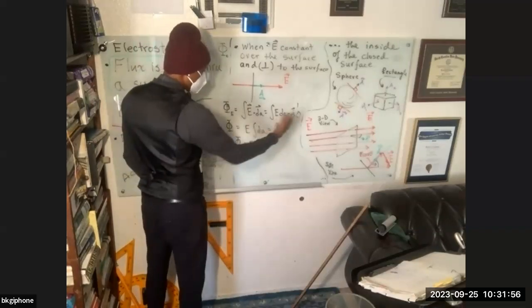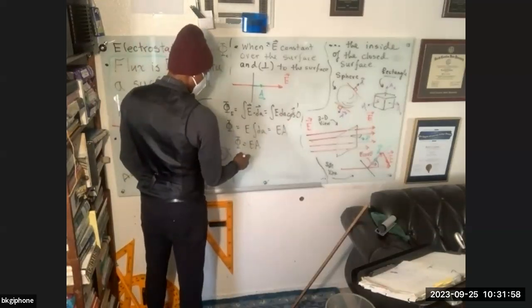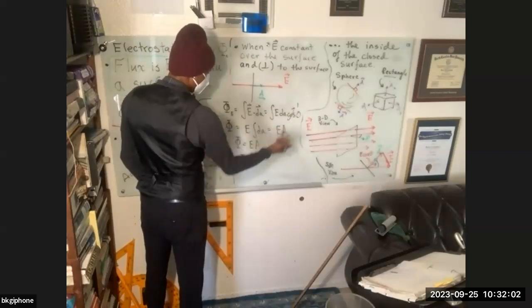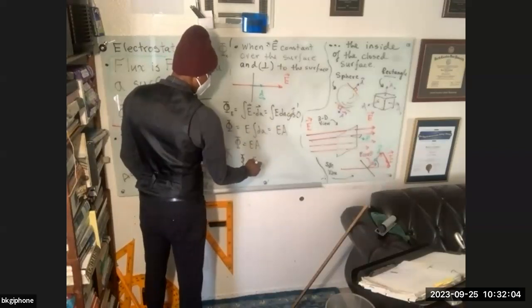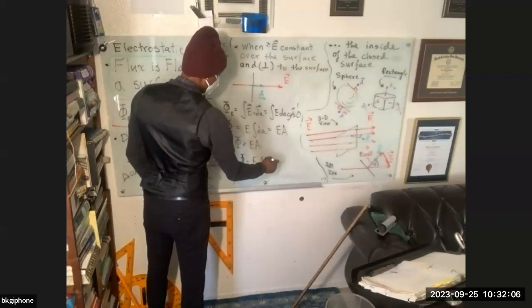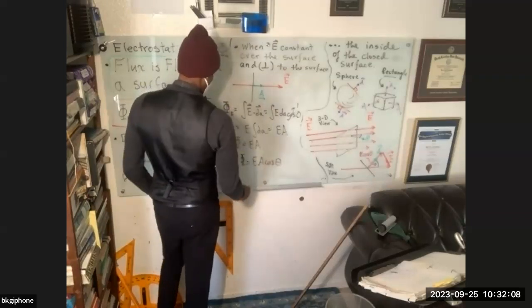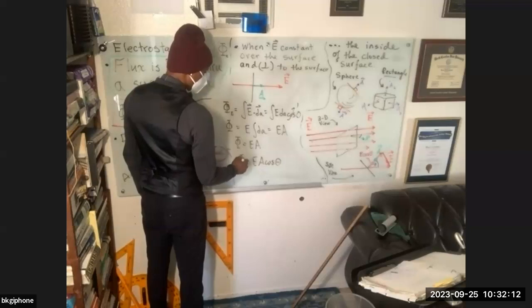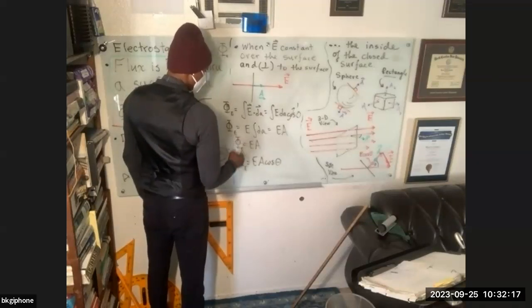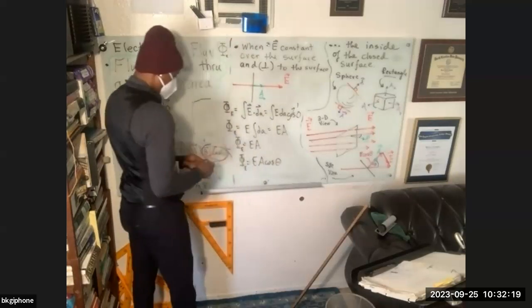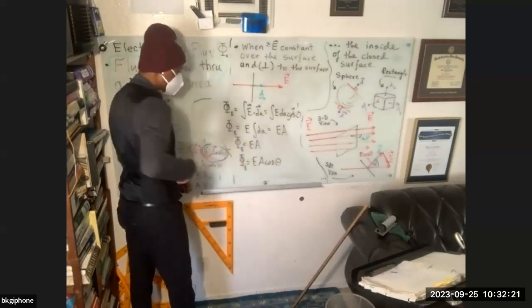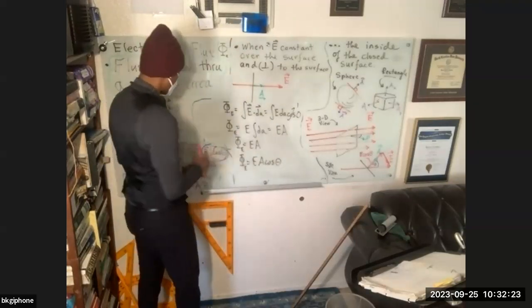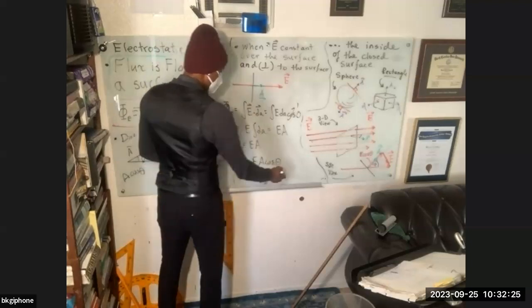So in general, in magnitude, flux is E times A times the cosine of theta. And that's what I wanted to get back to: the magnitude of the flux is always going to be that. That's electrostatic flux. Sometimes people start with that as a definition, but I like to start with the integral form.